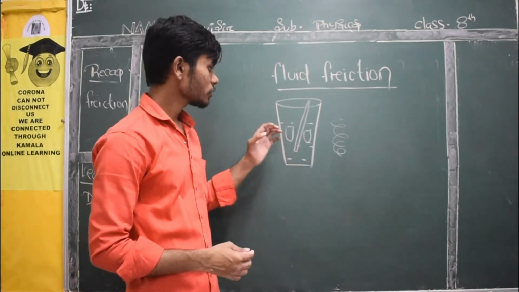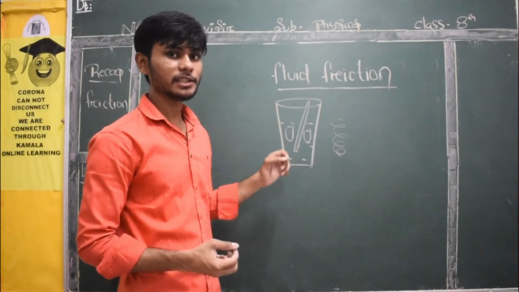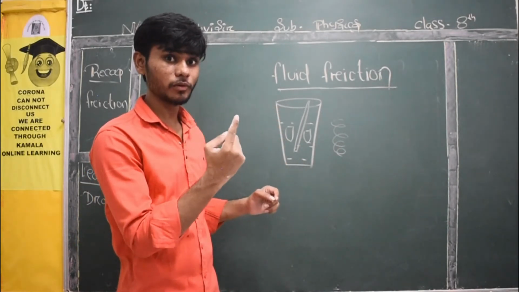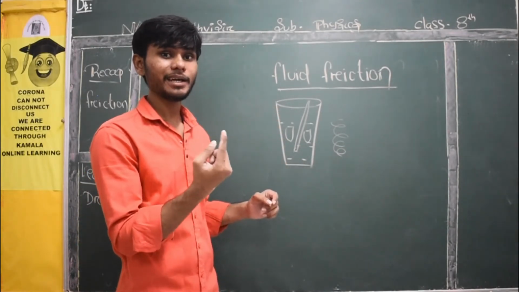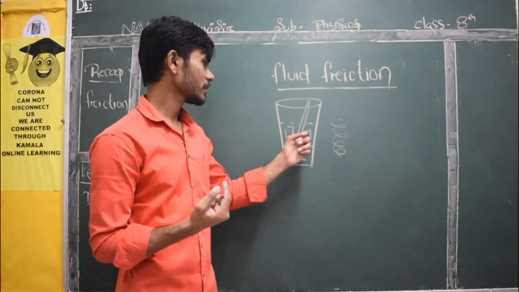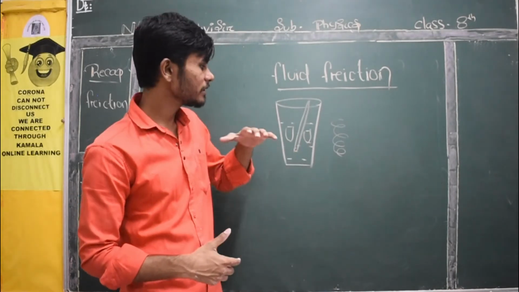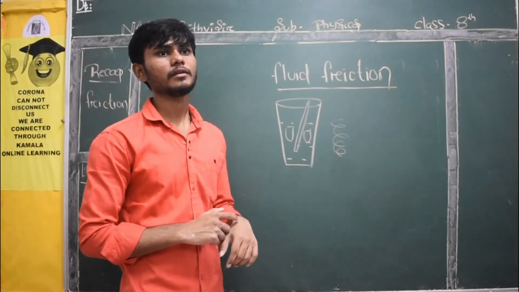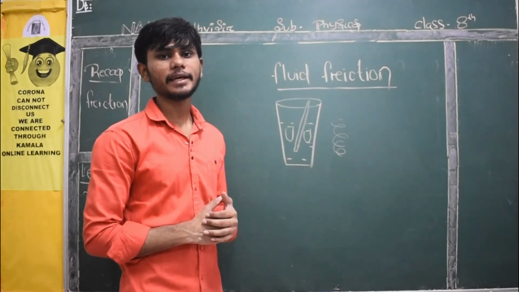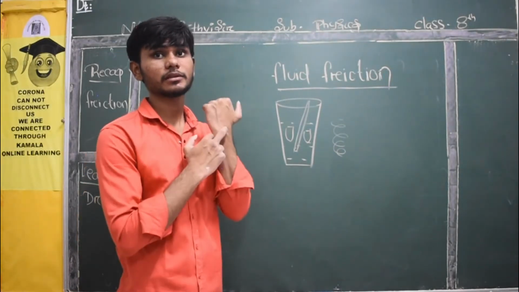Students, after some point, if you stop stirring, you will see the whirlpool slowing down, slowing down. A point will come where it stops. Yes, the water will be stable again. Why? Because of friction.